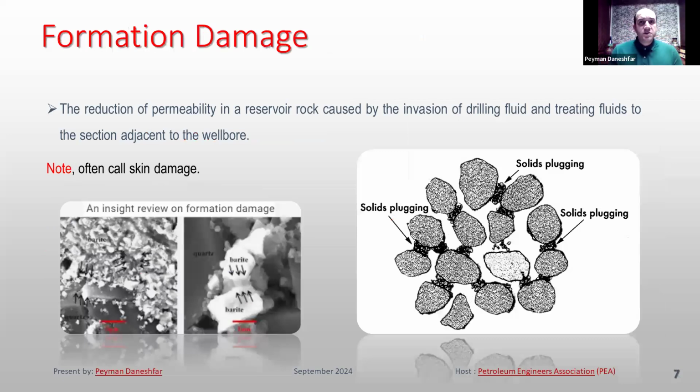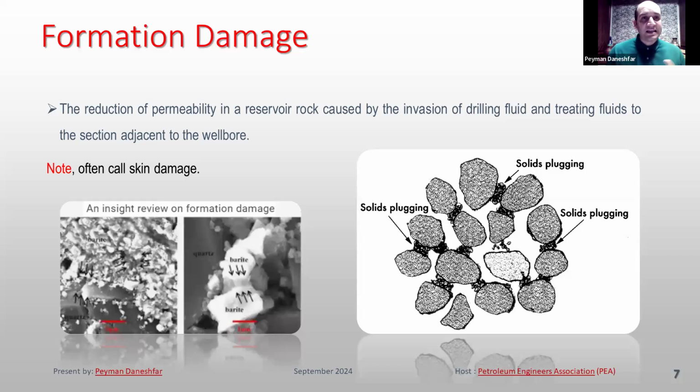What is formation damage? Formation damage is the damage to the well's formation. When our permeability is reduced in our reservoir rock by invasion of drilling fluid or anything that damages the well, we consider it as formation damage.